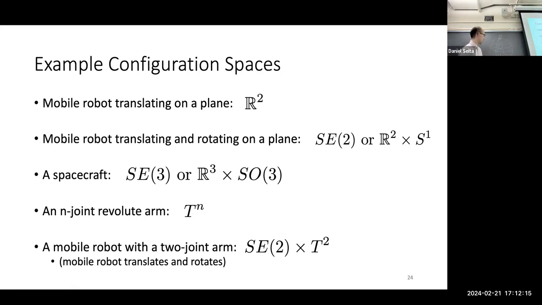We talked about the torus, which is T squared, because you have two circles that are part of it. And then SO and SE, we'll cover those next week. Those are the special Euclidean group and the set of orthogonal matrices, or rotations.